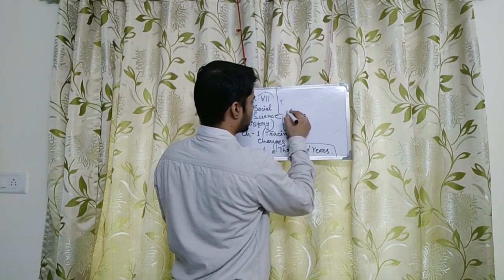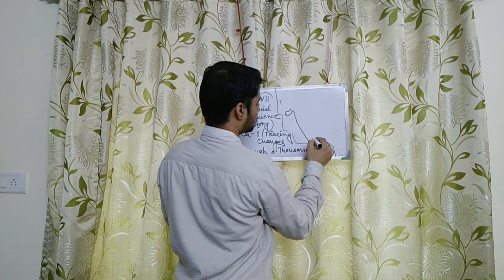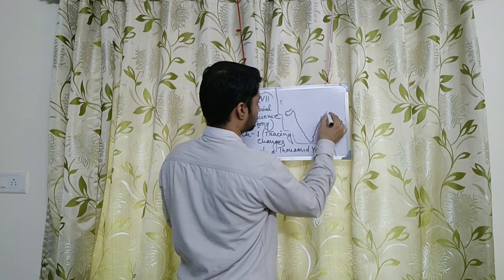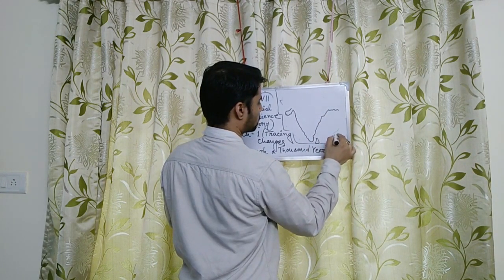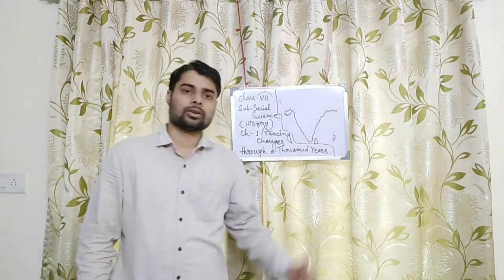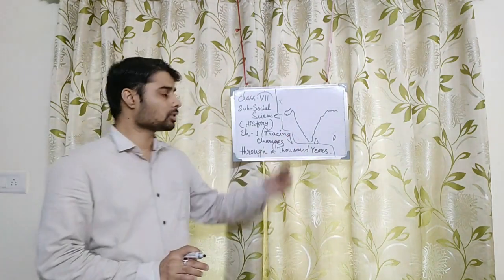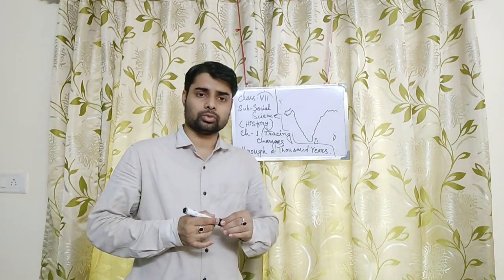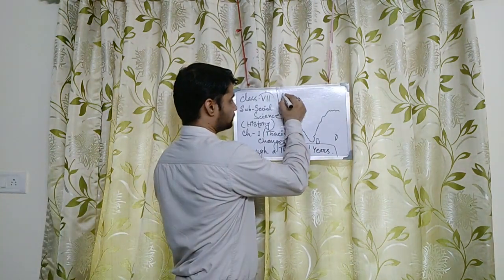That map looks like this. Okay, so this type of map is drawn here, and this map is very similar to the map we use today, and this map was drawn by a French cartographer.